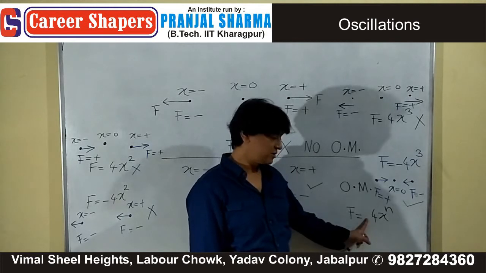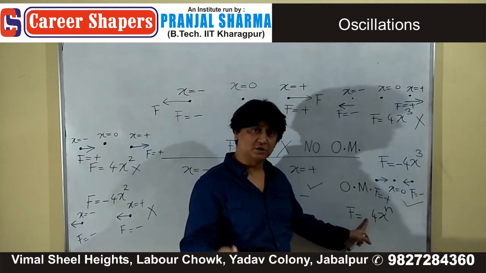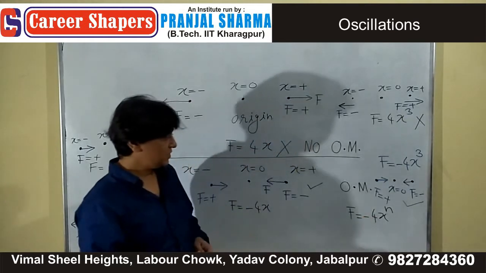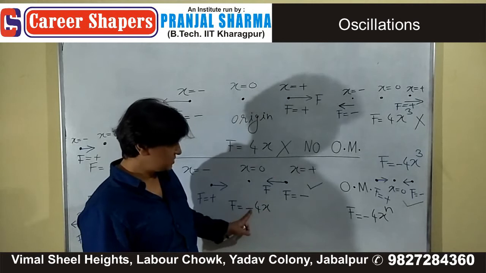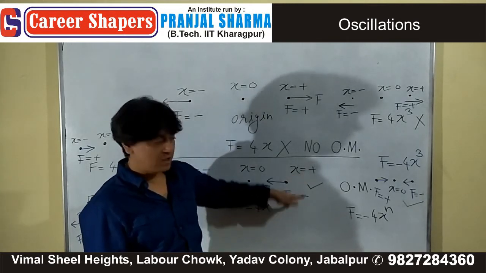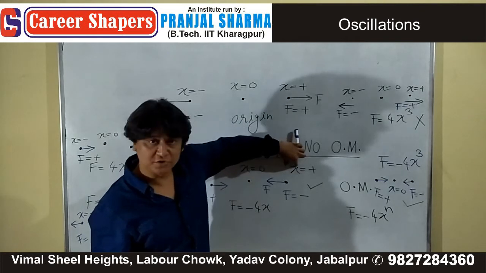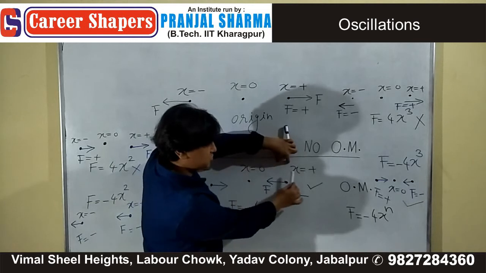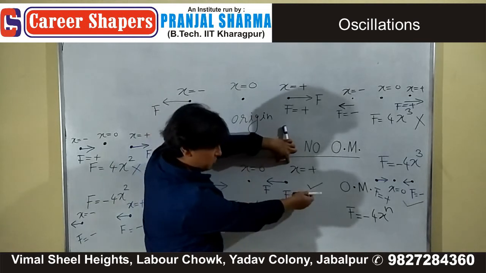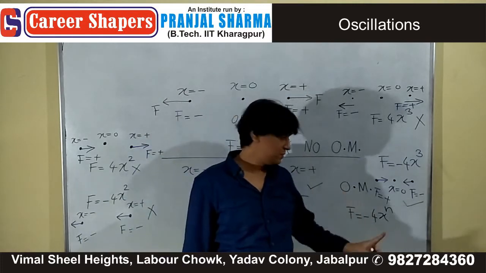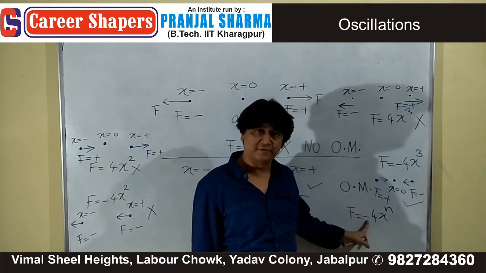If this is positive, then there will never be an oscillatory motion. You must have a negative sign, so that this negative sign changes x and F. Position is positive. Position is to the east of the mean position, but force is acting due left. That will happen with the help of the negative sign.